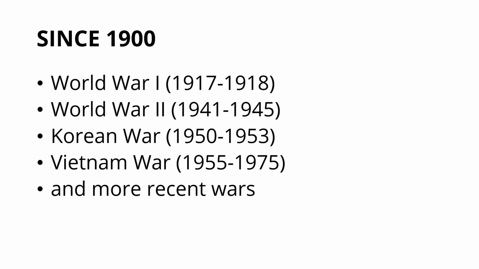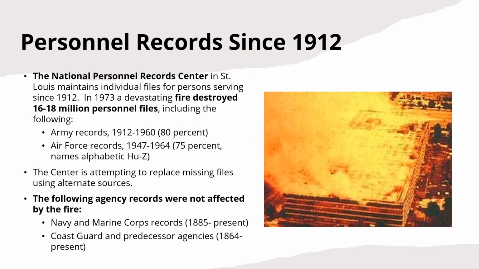Now we will cover the wars since 1900. The bad news for anyone searching for an Army or Air Force personnel record between 1912 and the early 1960s is that most of them were destroyed by a devastating fire in 1973.